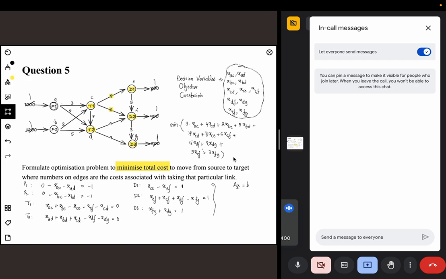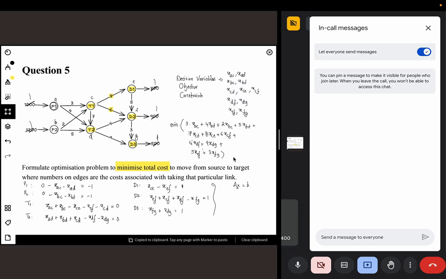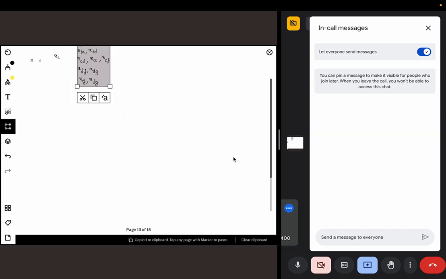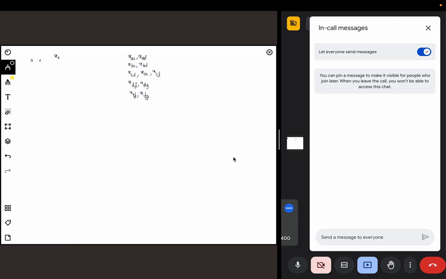You just write in one column vector. So it will be something like XAC, XAD, BC, BD, CF, oh sorry, this is EF and FC. So this is your X.